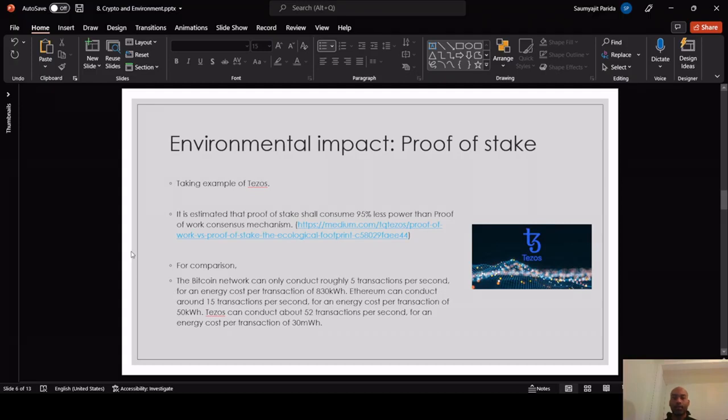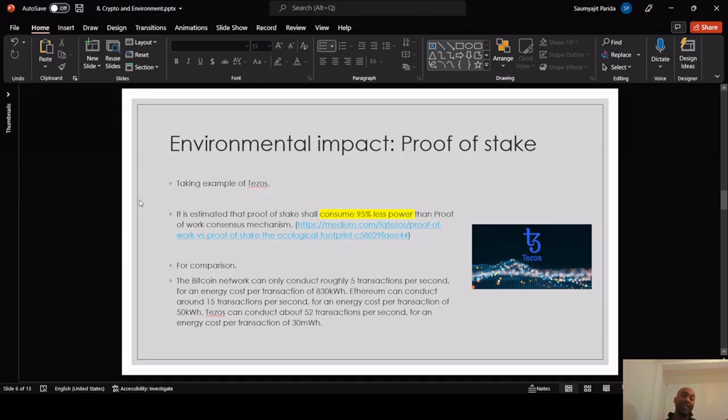Okay, proof of stake. I could have taken the example of Ethereum, but Ethereum is not yet in the market, so I took the example of Tezos as a coin. We saw proof of work requires high computational power, that's why it consumes high electricity. Proof of stake consumes 98% less power than proof of work.